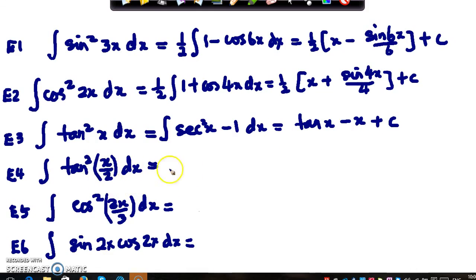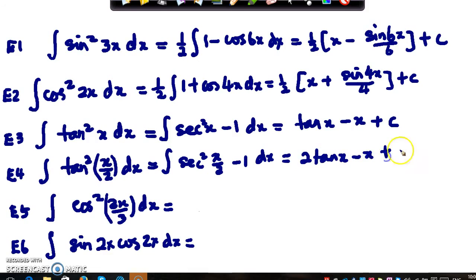Similarly, if the angle is different, then we still preserve the angle using the Pythagorean identity. So the angle is still x over 2. Integrating will give us 2 tangent x over 2 minus x plus c. For cos square, the angle is a bit different from the other one, but we still double the angle.